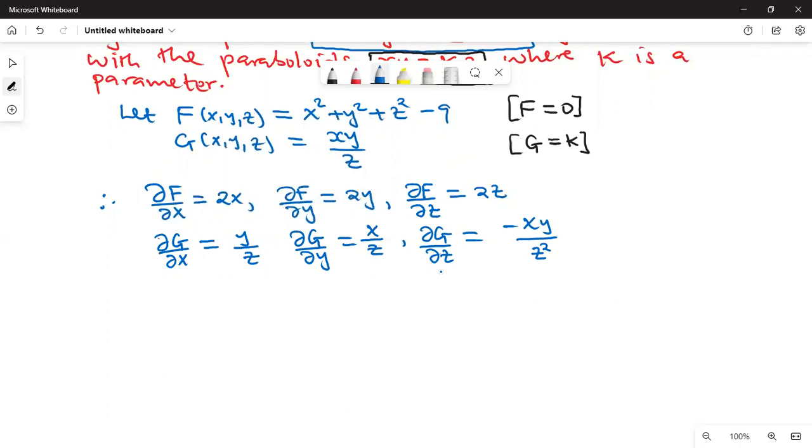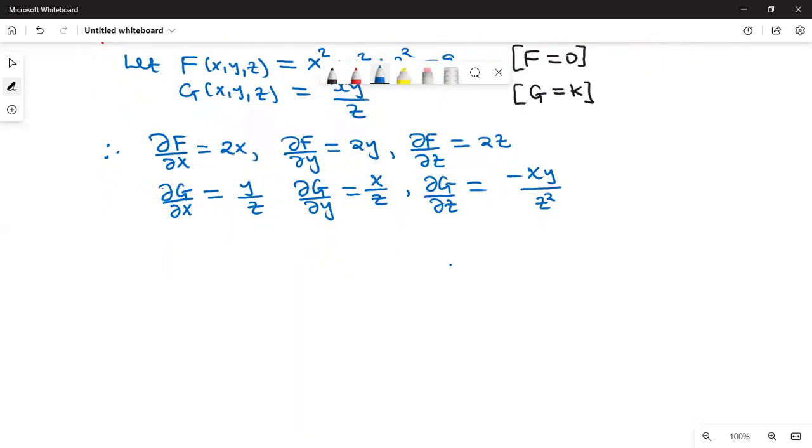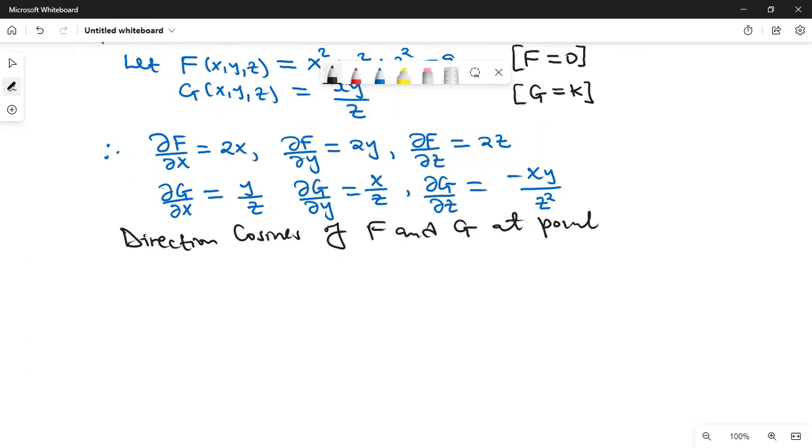Now we need to find the direction cosines. Direction cosines at point x, y, z. So you can write direction cosines of f and g at point x, y, z.